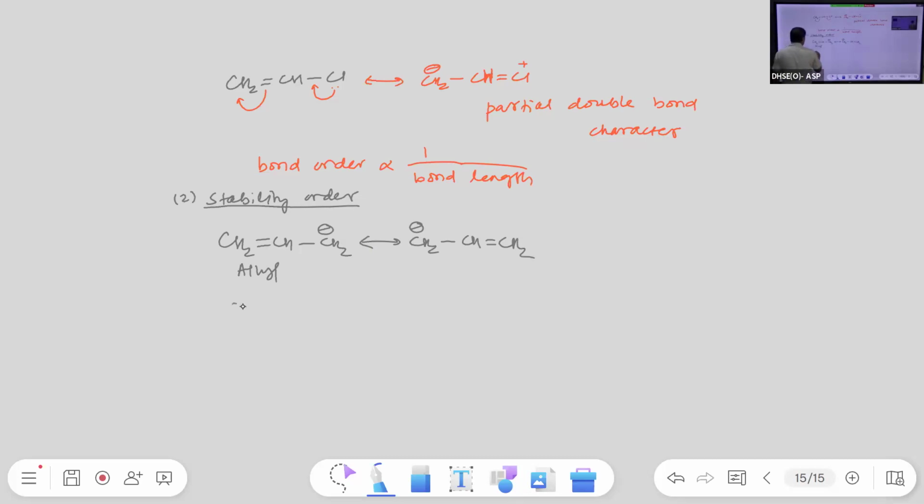Similarly, draw the resonant structure of allyl carbocation and this free radical. Draw the resonant structures of allyl carbocation and free radical.